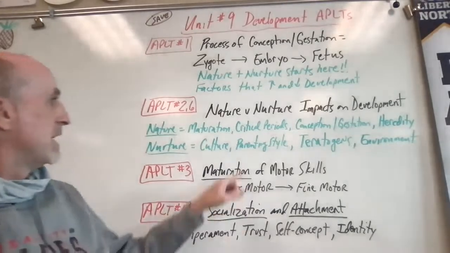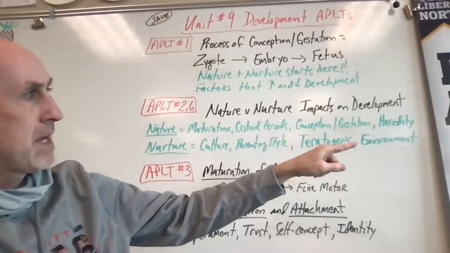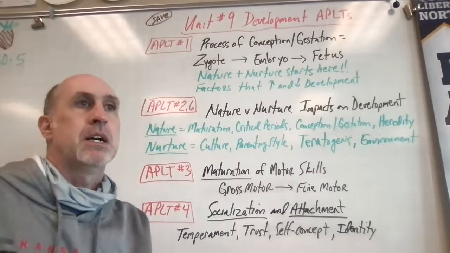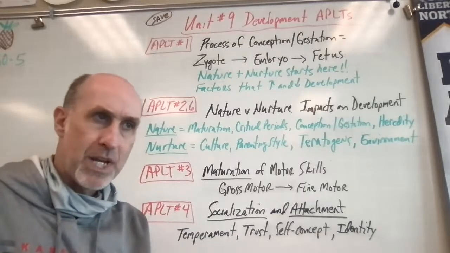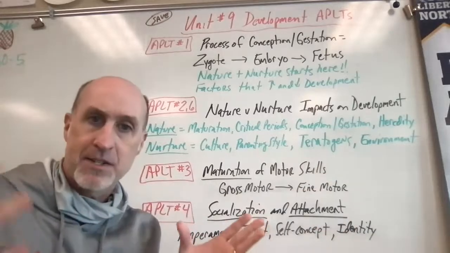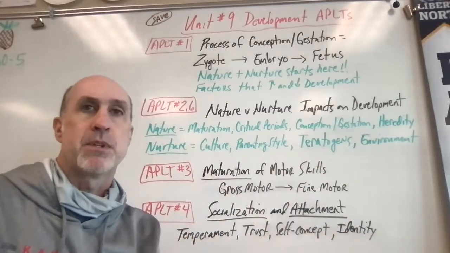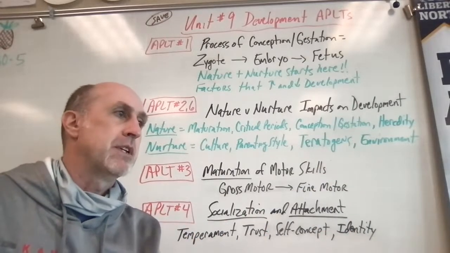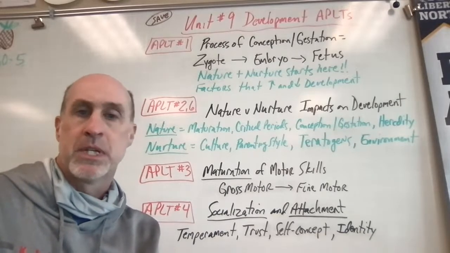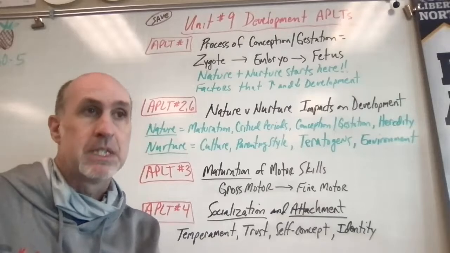Parenting style, which we'll talk about on AP Learning Track number 7. So, how your parents parent you, raise you, obviously impacts. Teratogens, which are toxins. So if the mother smokes, if the mother drinks, is involved in drug use, could be on certain medication.